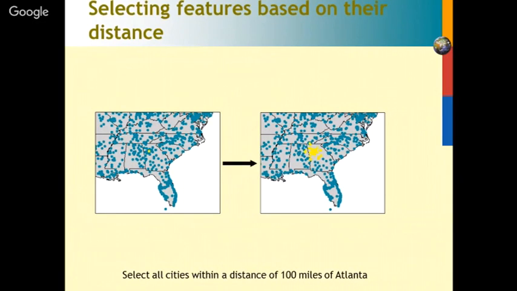But sometimes we also need to get a list of the features which are falling within a range. Like in this case, all the cities which are at 100 miles from Atlanta are being shown.